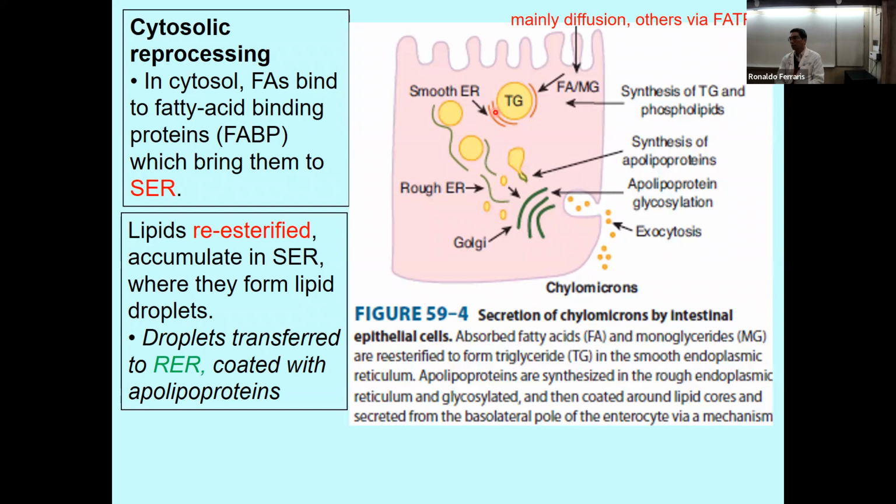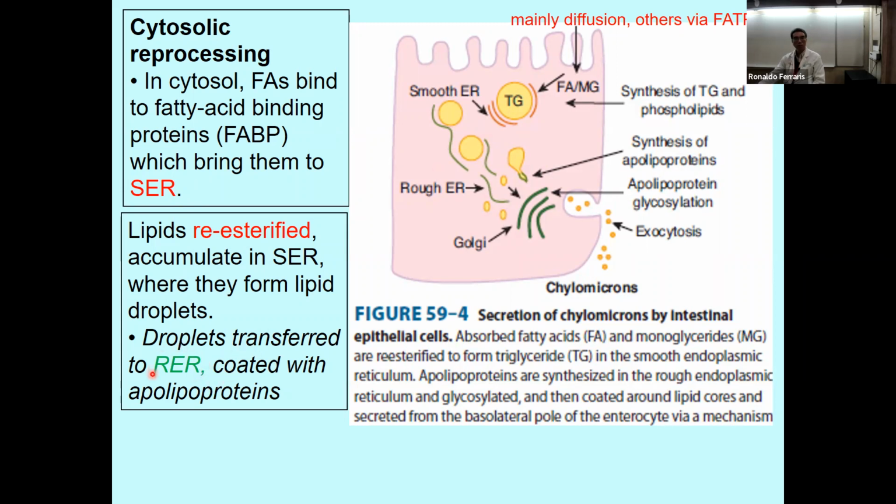Then we absorb them. Once they are absorbed and enter here, we spend energy again because they are again hydrophobic molecules in a hydrophilic environment. We re-esterify them, and after they become triglycerides again, they form lipid droplets in the smooth endoplasmic reticulum. From there, they're transferred to the rough endoplasmic reticulum.